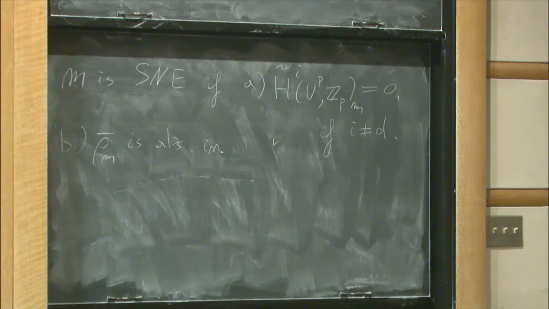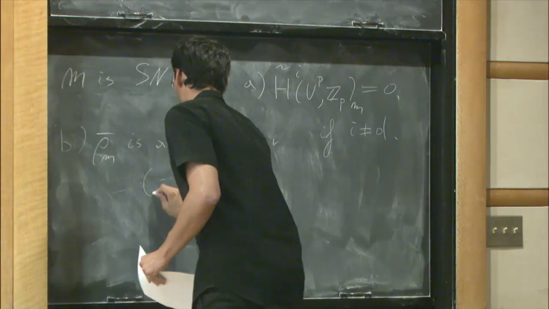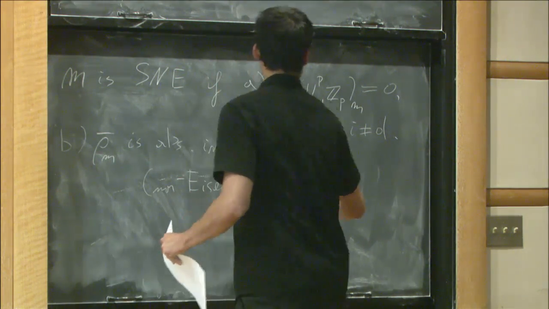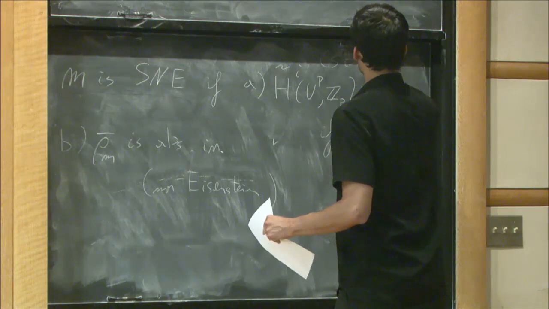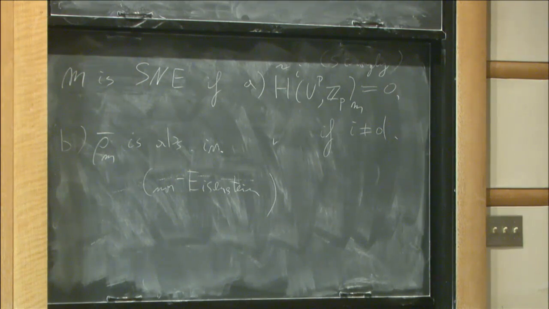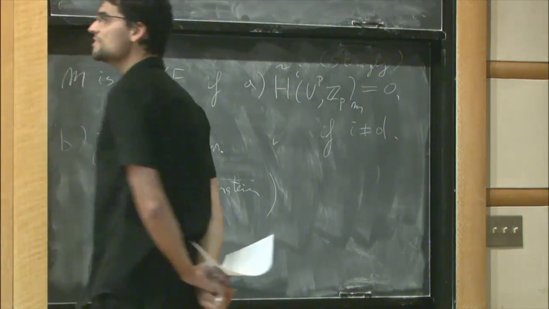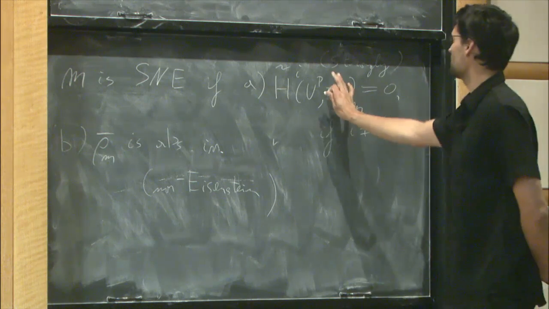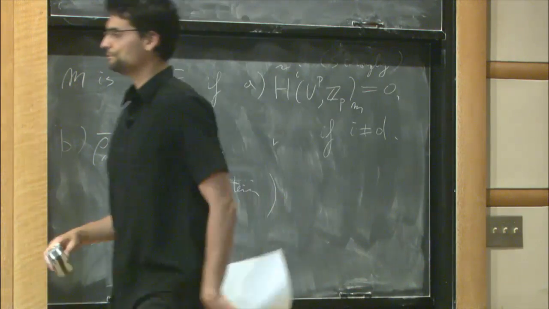So (b) is what is usually called non-Eisenstein, and (a) is strongly non-Eisenstein. There is a conjecture that (b) implies (a), and certainly this conjecture is true in cases A and B of the theorem. Case A was a quaternion algebra, and case B is a unitary group compact at infinity. But in case C, I don't think it is known. At least I don't know it. So I will put this condition.